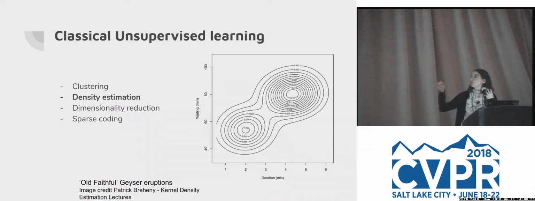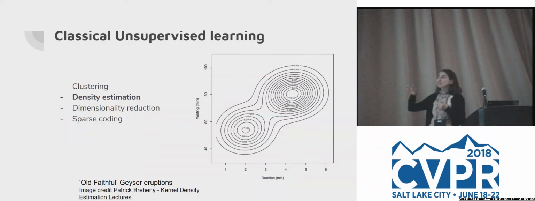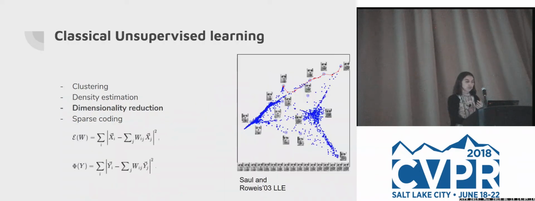So, for example, this plot shows the Old Faithful geyser and eruptions, and if you build a probability density function, you would see that you would rarely need to wait more than 100 minutes to see a geyser, for example. So it will give you an idea of how this behaves.